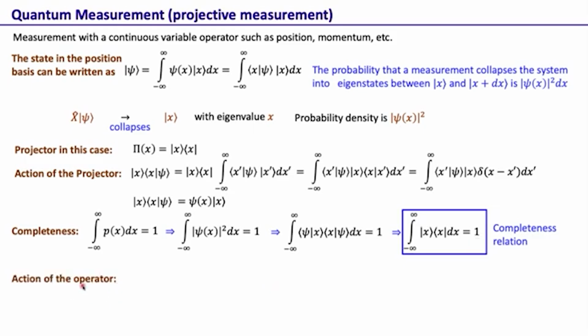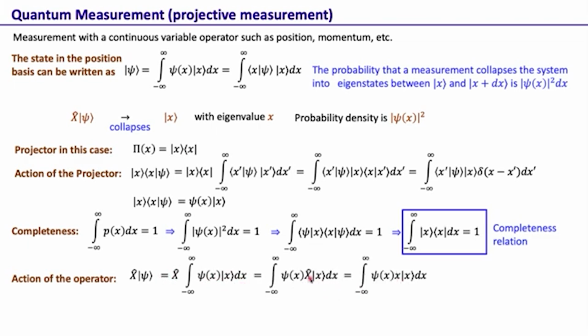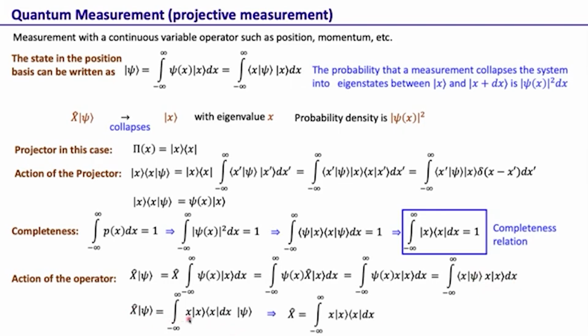Okay, now we can write again the action of the operator x on psi, and that we write as ∫ψ(x) x̂|x⟩dx. We can bring this x inside because that's just a function, and the operator x acting on this ket just keeps it as is, since this is an eigenket, and we get this eigenvalue out. Then we can push this psi over there and rewrite it, and essentially what we get is that this x operator has this kind of representation.